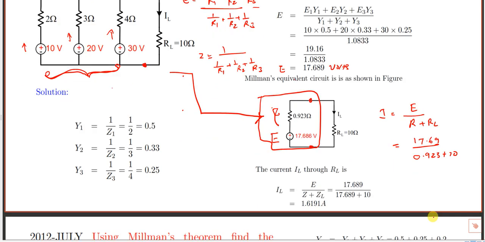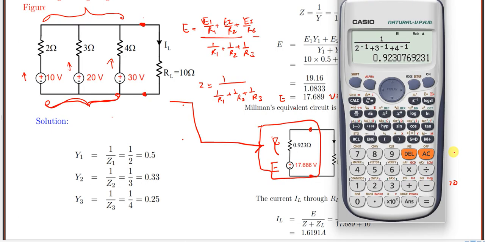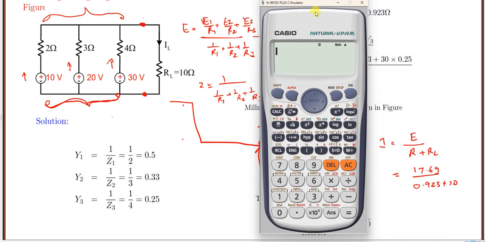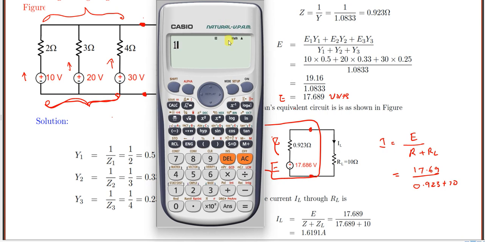So if you calculate, you're going to get 17.69 divided by, we calculate now 17.69 divided by, so you can better take, because some students make mistakes, 17.69 divided by open bracket and you have to give the sum, because in the denominator if plus or minus is there you have to write within a bracket.